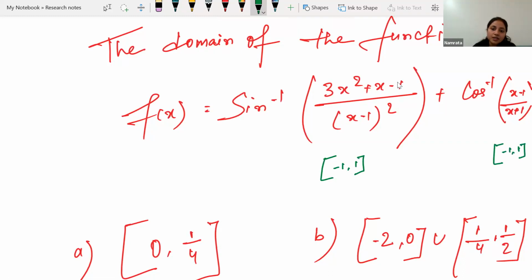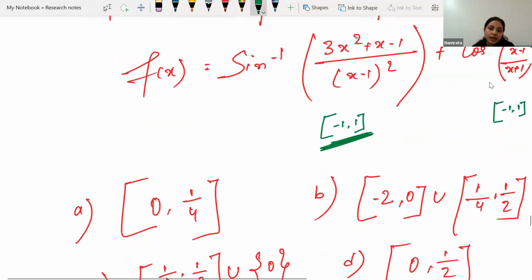That means whatever is here, that must lie in between minus 1 to 1, right? Whatever is there as an input of sine inverse x, that must lie in between minus 1 to 1, right? And the same with cos inverse also.